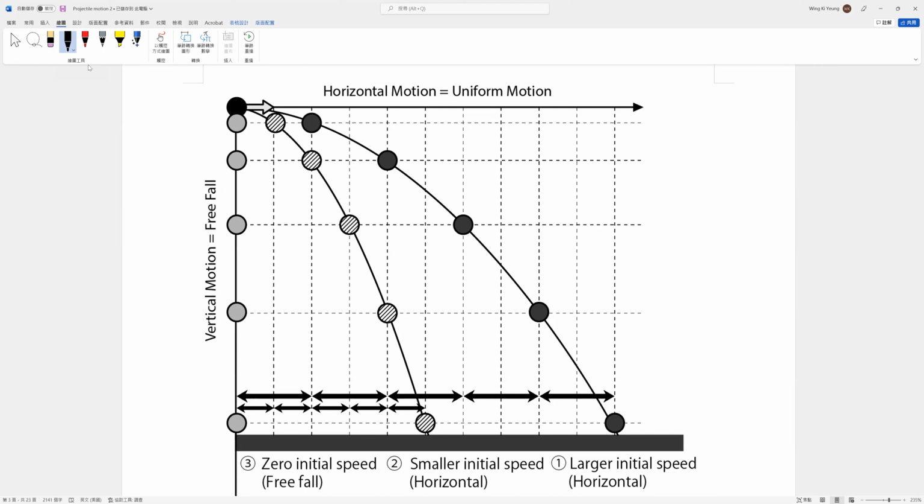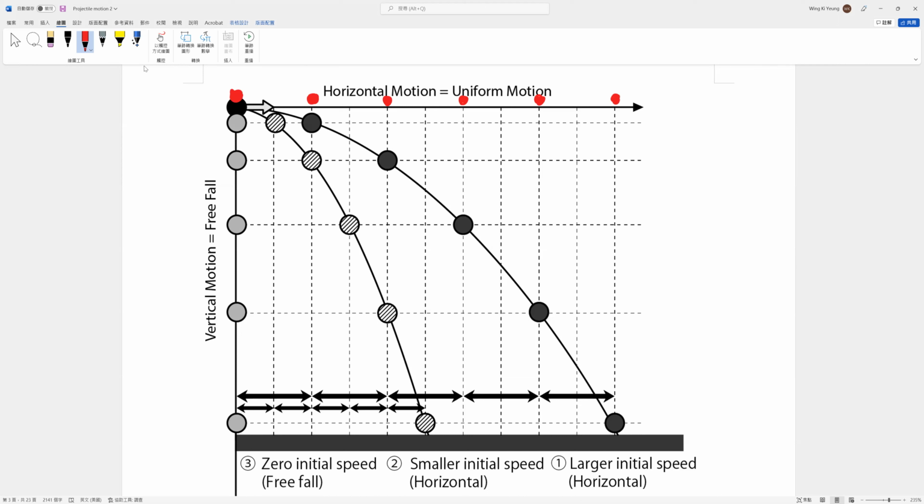Now, what do I mean by you can decompose a motion into 2 parts? Let's take a look at the motion of the black one. I draw another ball here. The red one is moving horizontally with uniform velocity, so after each time instant, it travels the same distance as shown in the diagram.